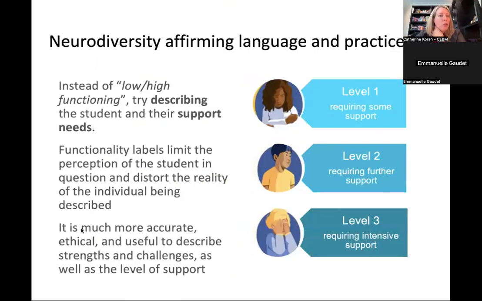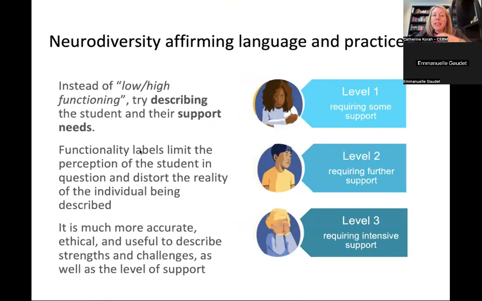Now, when we're trying to look at neurodiversity affirming language and practice, we're trying to move away from defining the child's functionality in terms of high functioning or low functioning. Instead, we are trying to describe the student in their level of need and challenge.